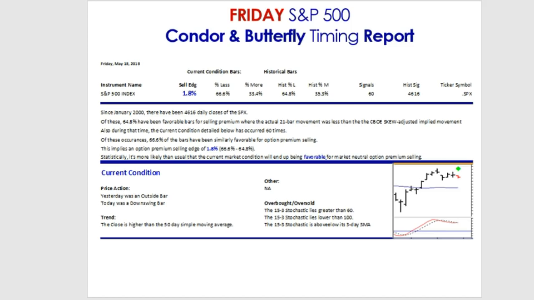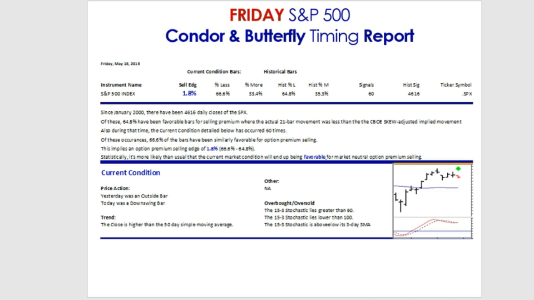Now, of those 4,616, 64.8% have been favorable bars. Okay, almost 2/3 of the bars have been favorable for selling options premium because the actual 21 bar subsequent movement was less than what the options time premium was implying.